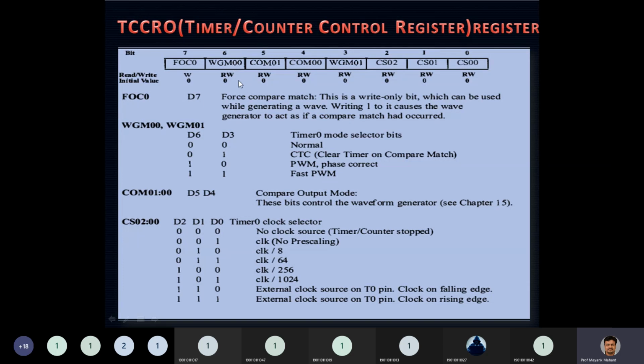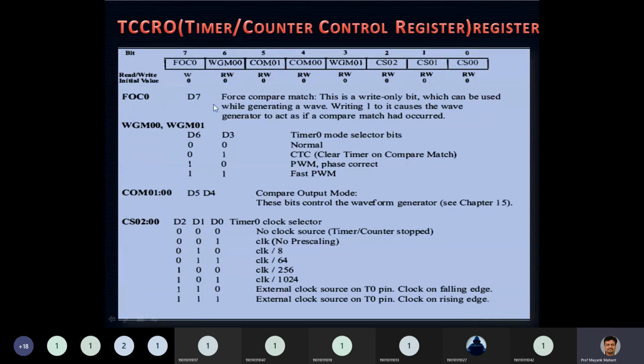Now these two, COM0 and COM1, are generally used for the compare output mode. We will discuss that later, because it uses the comparison. These two bits will be discussed when we cover the compare output mode of the timers. It is used for generation of the waveform, so what type of waveform you want to generate, you can select with the help of COM0 and COM1.